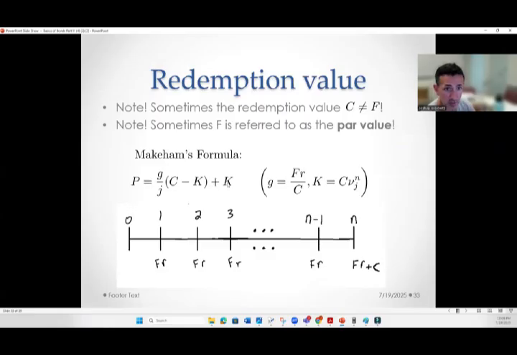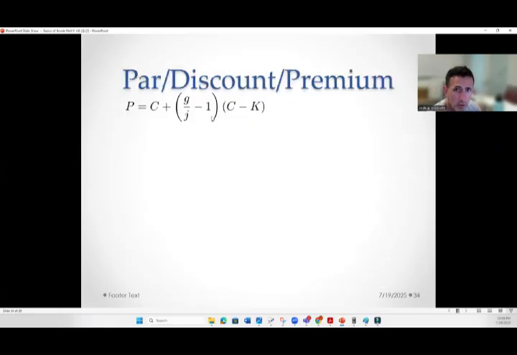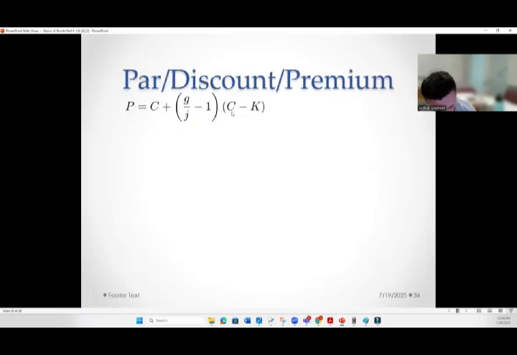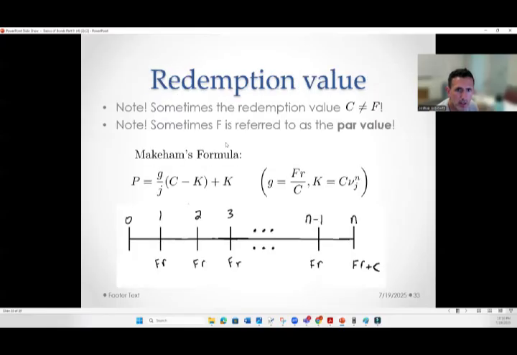Just like before, you literally distribute this here. You can see that we will get K plus G over J times C minus K. In particular, if you take G over J times this whole thing, you get G over J, C minus K, and you want a K here.